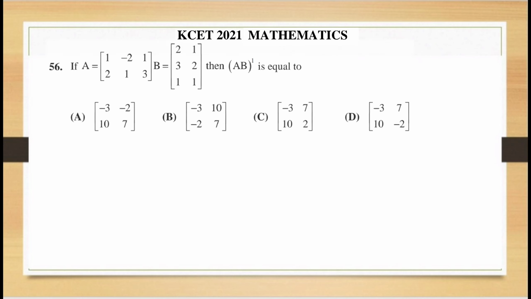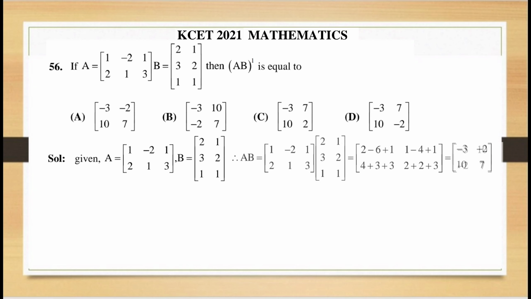56th question is, if A equals matrix [1 −2 1; 2 1 3] and B equals matrix [2 1; 3 2; 1 1], then transpose of AB is equal to. Now, AB will be equal to matrix [1 −2 1; 2 1 3] into matrix [2 1; 3 2; 1 1], which equals [2 − 6 + 1, 1 − 4 + 1; 4 + 3 + 3, 2 + 2 + 3], which equals matrix [−3 −2; 10 7].